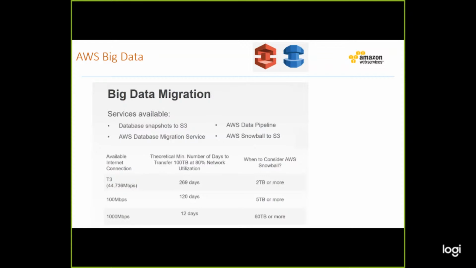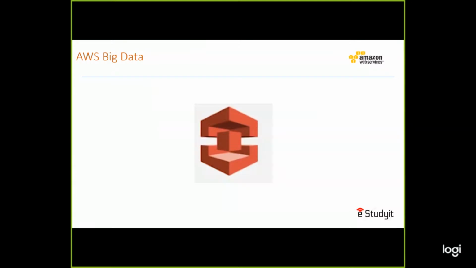So the best available solution on AWS for big data migration storage is called Snowball. What is Snowball?